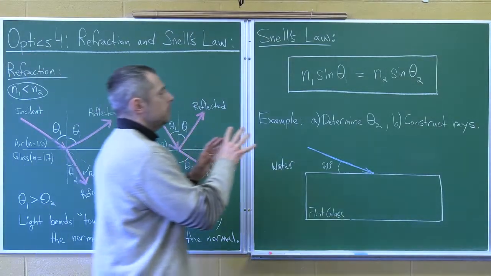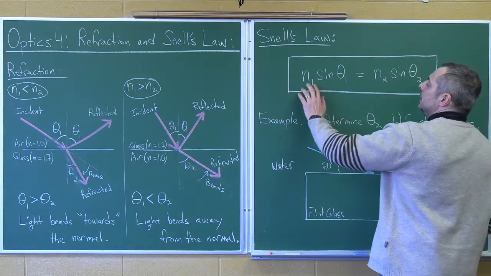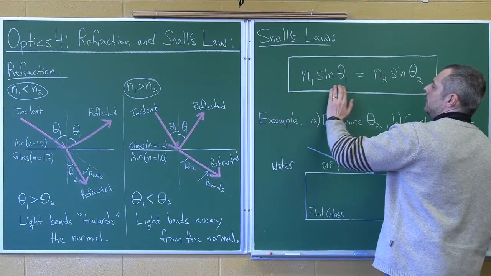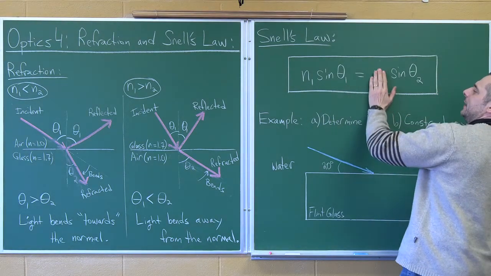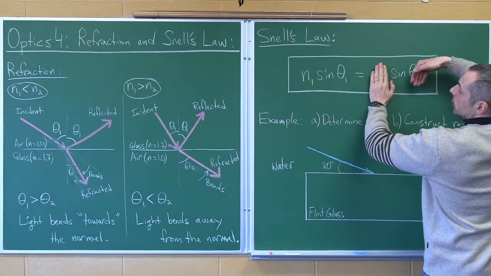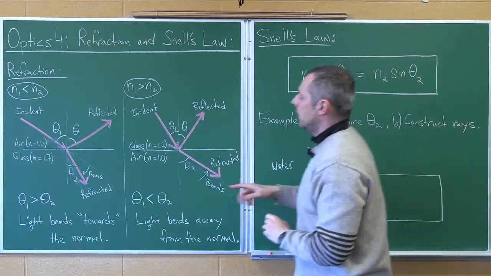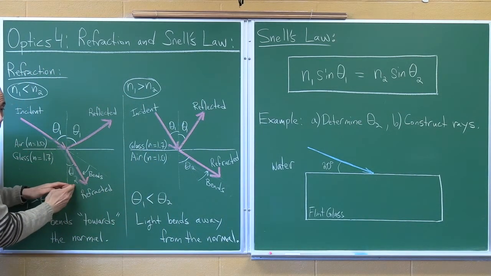The concepts that we discussed over here are actually embedded in this equation. Let's suppose we've got a certain N1 and a certain theta 1. If N2 is bigger than N1, theta has to compensate and go down. That's what we saw over here. We went to a higher index, smaller angle.